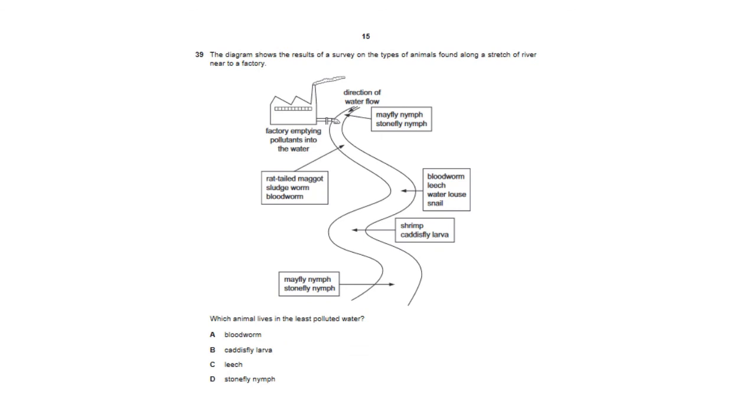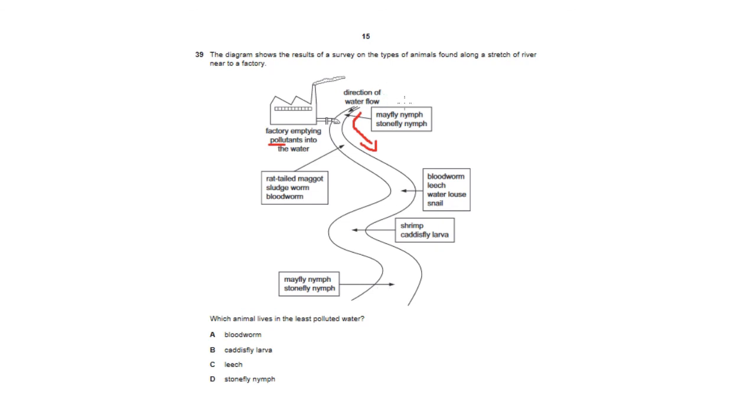Second to last question here is a little tricky, but once you realize what they're asking about, it's quite easy. Well, we have a direction of water flow, so the water flows this way. The diagram shows the result of a survey of the type of animal found along the stretch near the factory. We're told here the factory is emptying pollutants into the water, so the water downstream from here will be polluted.